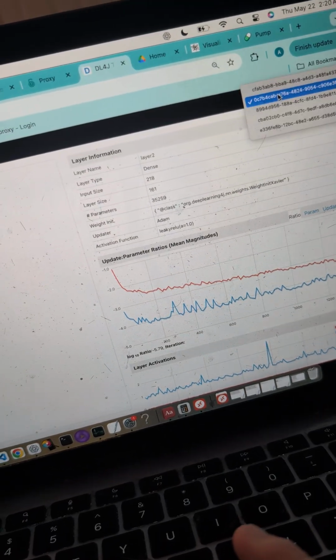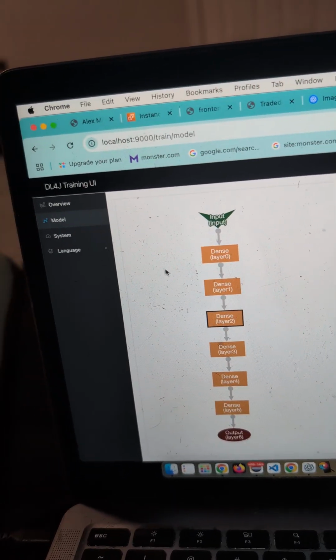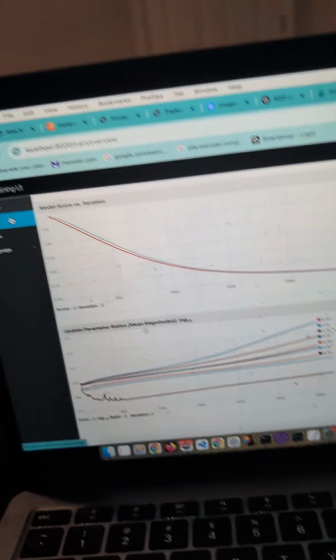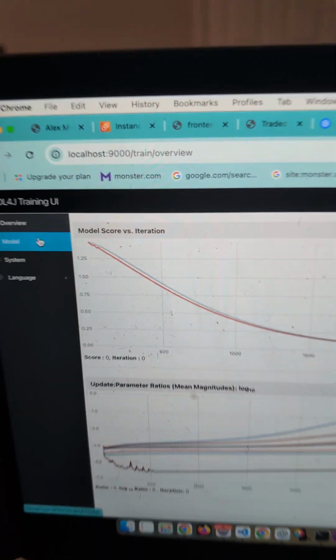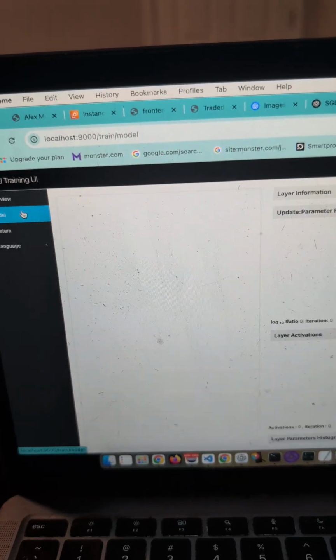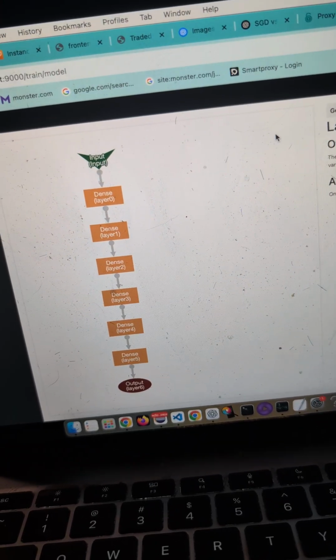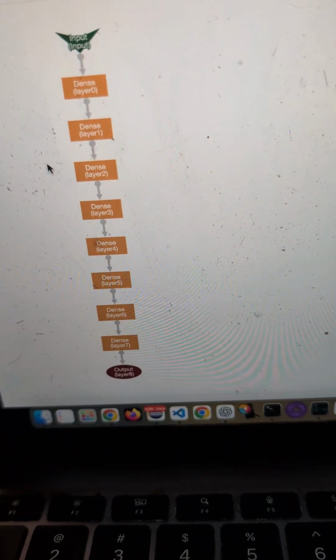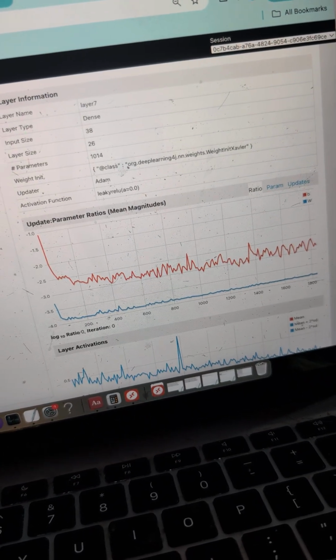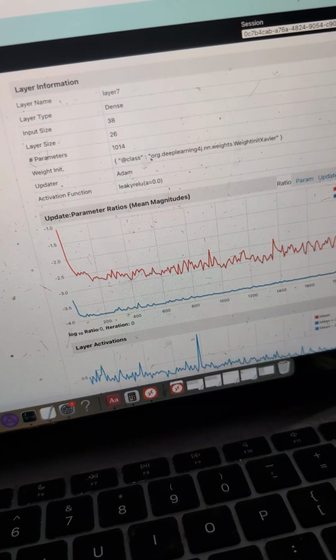And we can look at some of the other neural networks it's generated. This is another one, where the model score is the mean squared error. This one has 5 dense layers. This one has 7 dense layers. We'll take a look at them. It's using ReLU, not leaky ReLU.